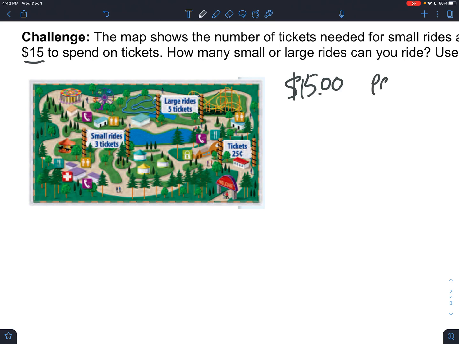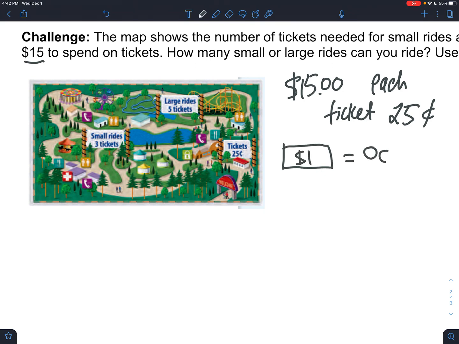So if you have $15 and each ticket is 25 cents, how many tickets do you get? Right? Kind of asking like how many quarters can you make out of $15? Yeah?